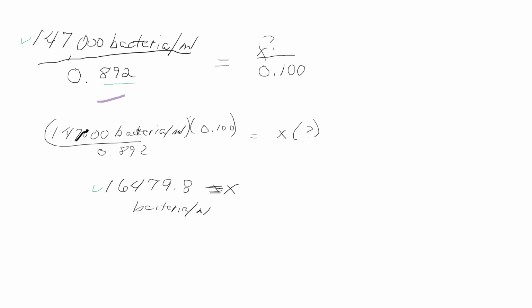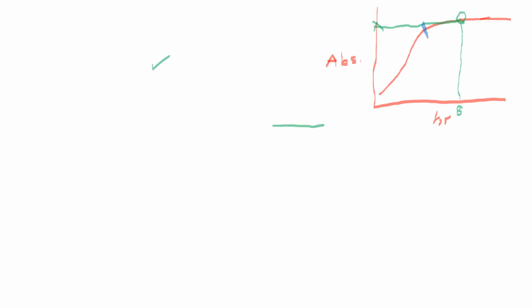This is what I am talking about, this relationship right here, so that no matter what reading you get, if you put another sample in and you get 0.292, you would put that here. So does that make sense? Let's move to a different slide.